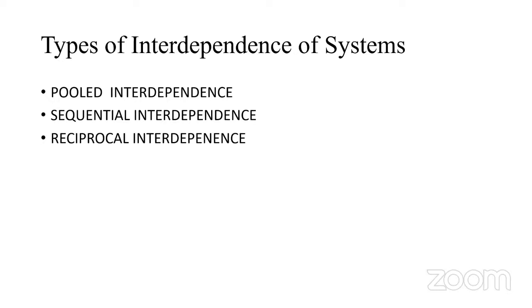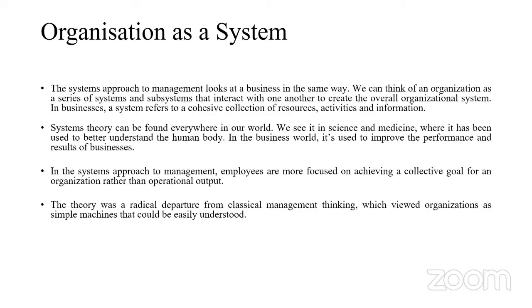They can recruit more and more quality talent in order to increase the scale of their business. But if even one step in the cycle fails, then the entire model fails. So that is how important the role of each and every person or each and every department is in reciprocal and sequential interdependence.